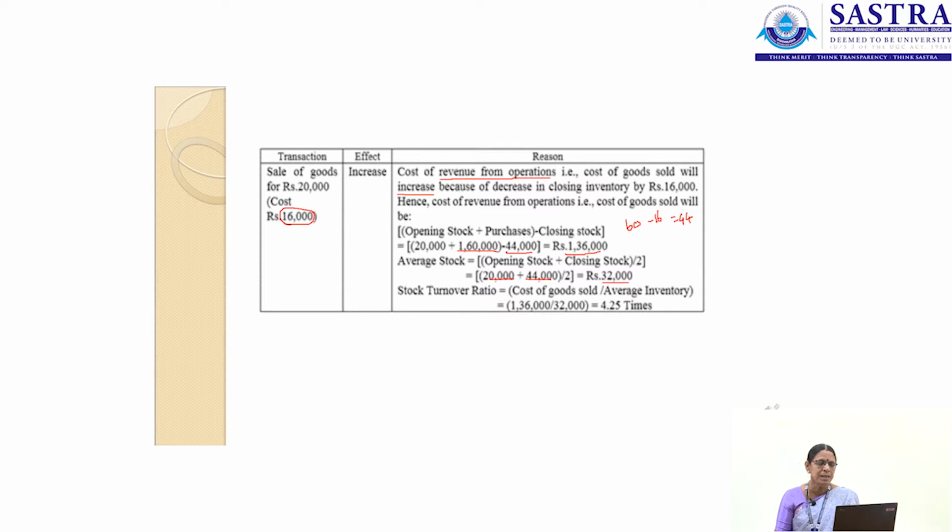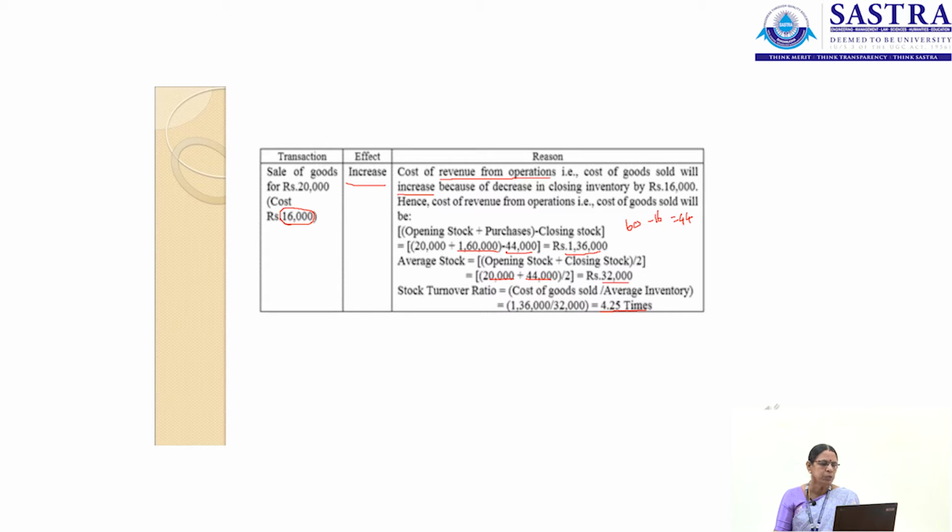Now 1,36,000 divided by 32,000, we will have 4.25 times. Already we have 3 as your stock turnover ratio. Now we have 4.25, so we have an increase in the stock turnover ratio.